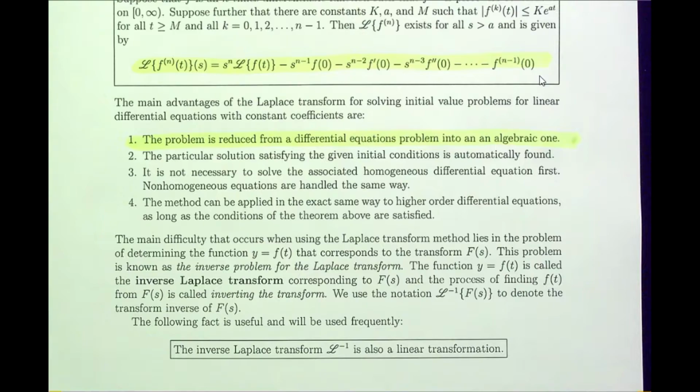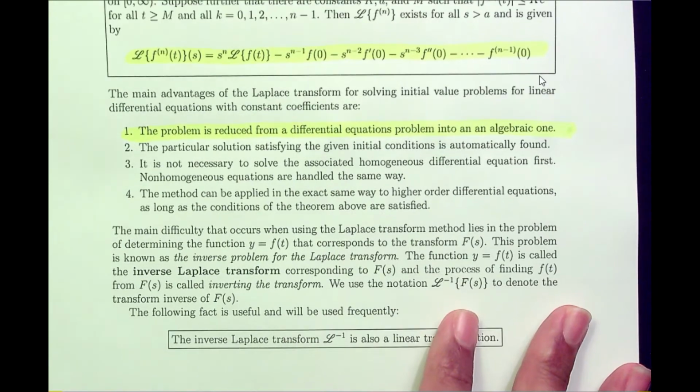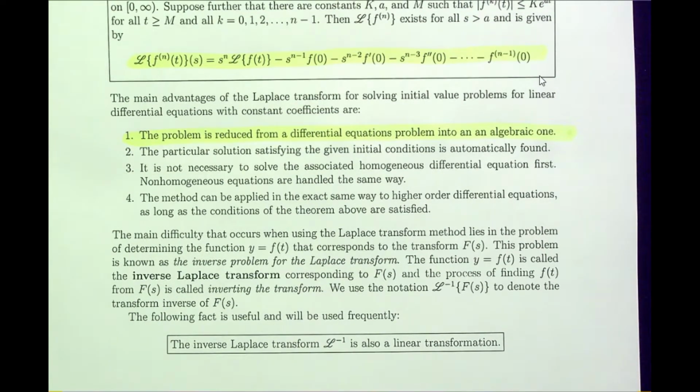Well, college algebra, sort of, because you still have to know how to do partial fractions, and you don't cover that in college algebra. But it's reduced from a DFQ problem to an algebraic problem, where there are no derivatives or anything anymore. It's just algebra. So that's one advantage, because doing pure algebra is easier, right? So you reduce a DFQ problem to an algebra problem.